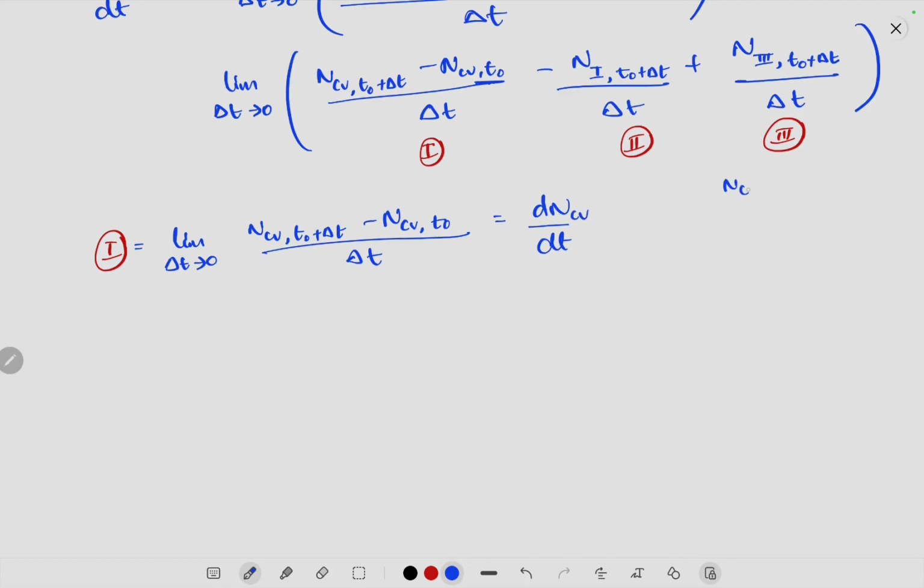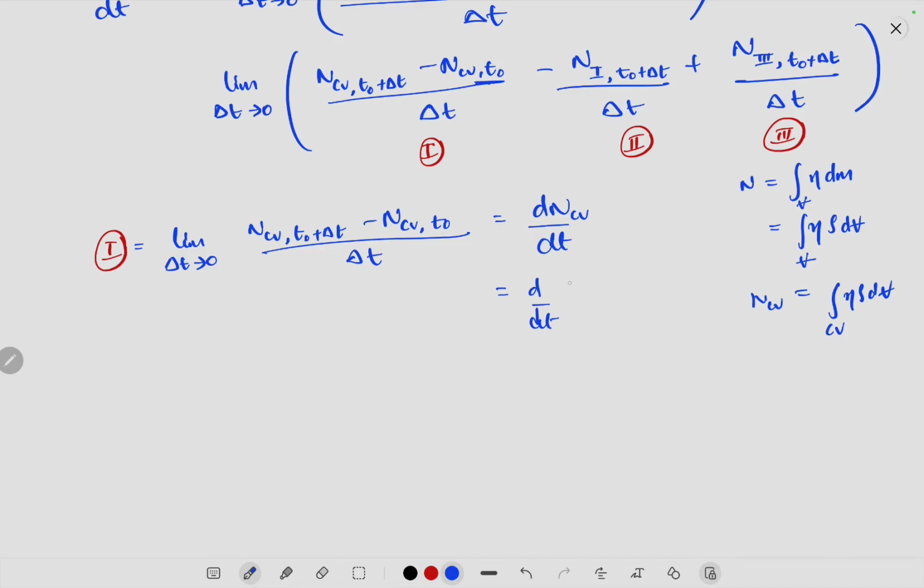Since N is equal to the integration of eta dm over some volume V, and knowing the density of the fluid we can write dm as rho times dV, N_CV becomes the integral over the control volume of eta rho dV.